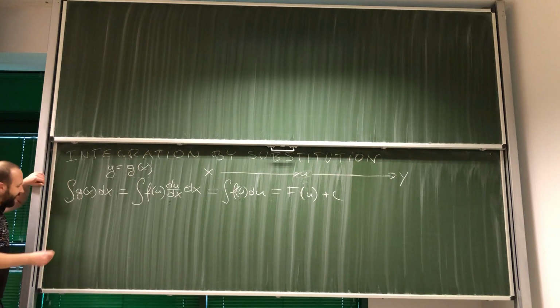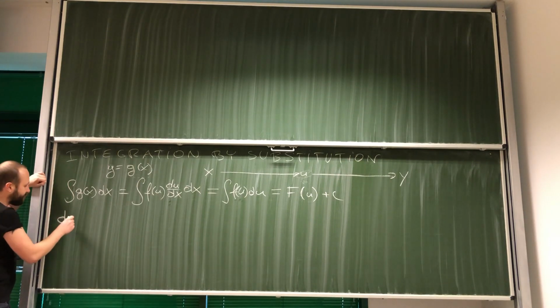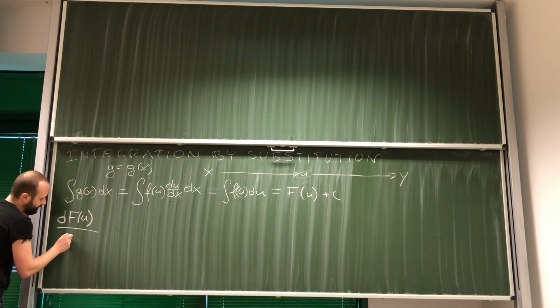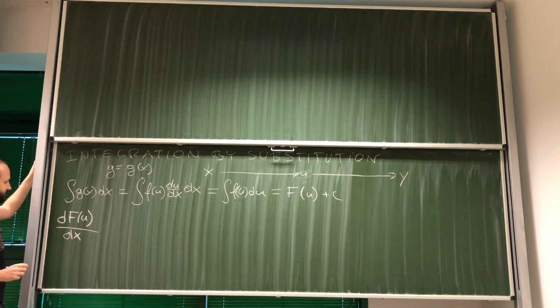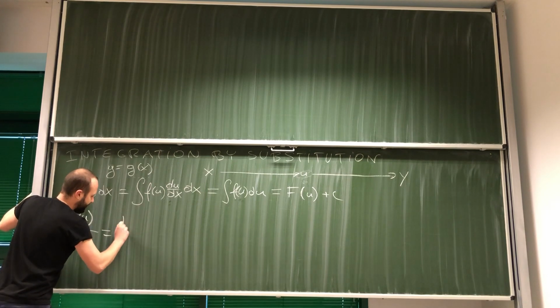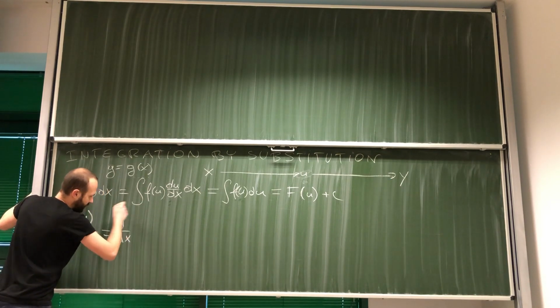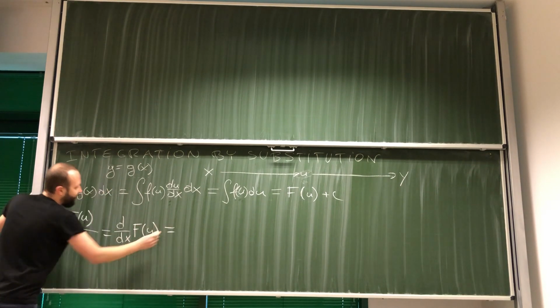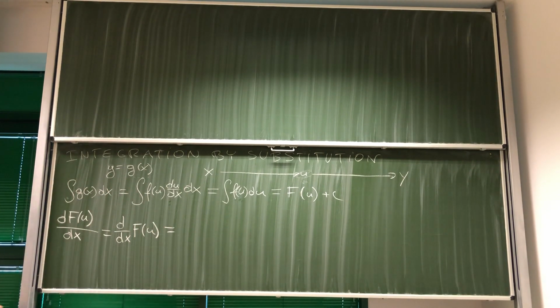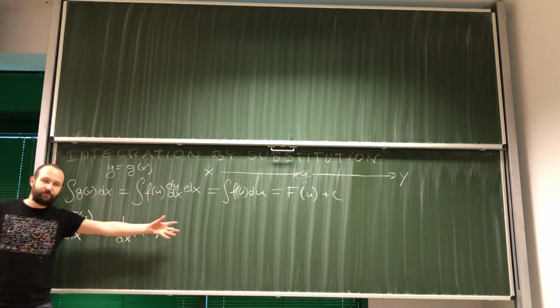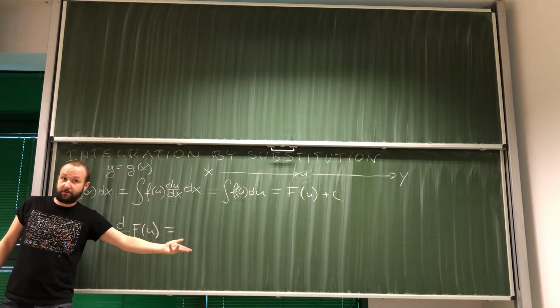Okay, and it's really important to understand how it works. Because if I'm having some function f of u, and I'm going to differentiate it with respect to x, I need to use the chain rule. I can write it simply as the derivative with respect to x of the function f of u. If I want to differentiate it, I also need to know what is the relationship between u and x. If there's none, this is going to be always equal to 0.